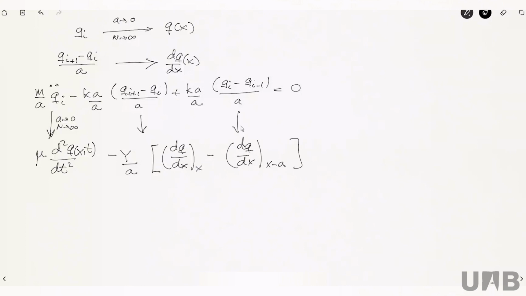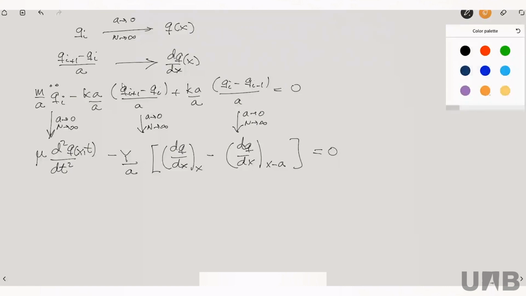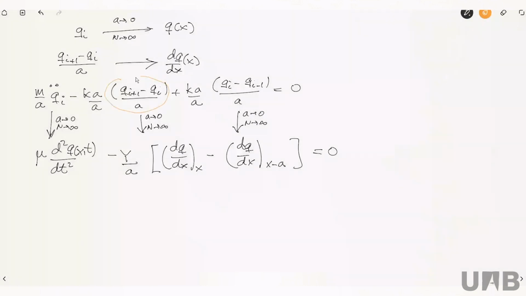And this is when a goes to 0, n goes to infinity. So this factor goes to this factor, and this factor goes to this factor.